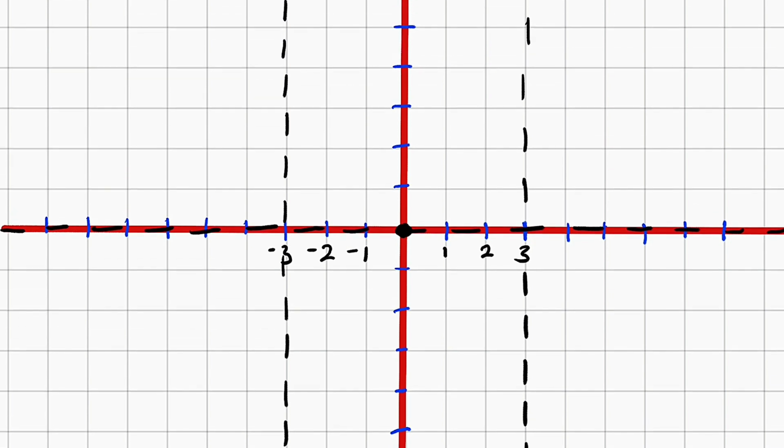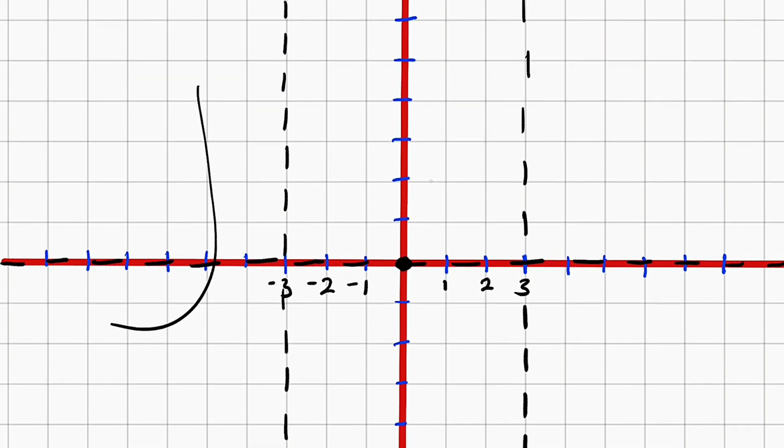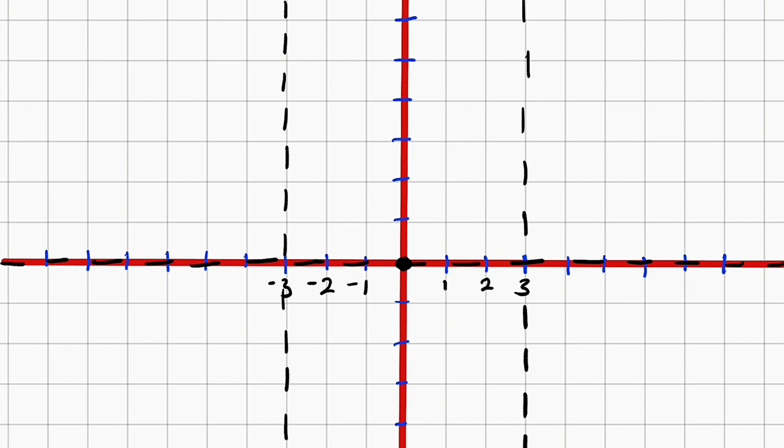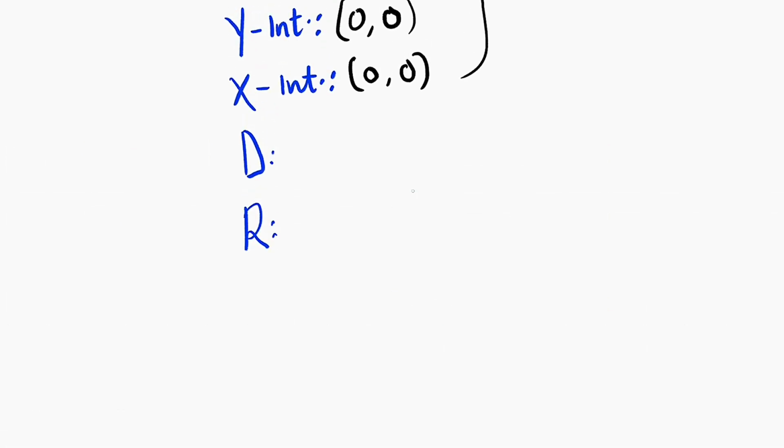So we are going to test some values to the left, the center, and to the right. Let me start to the right. To the right, we can only test values greater than 3. So I think we can test 3.5 somewhere here. If x equal to 3.5, what is going to be the value of y? Our function, remember, is y equal to x divided by x squared minus 9.